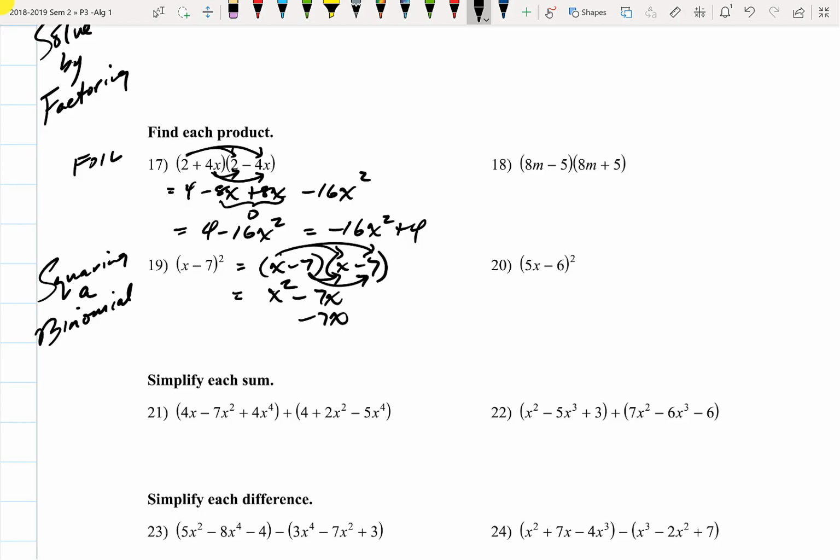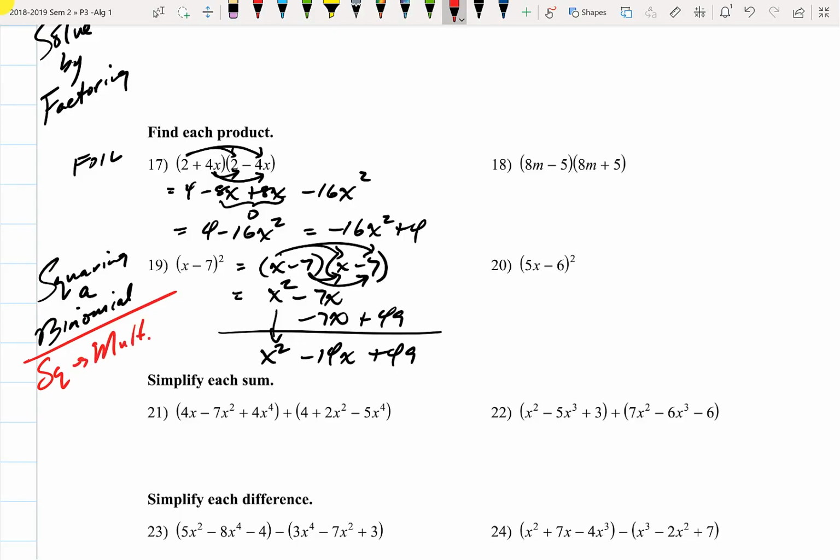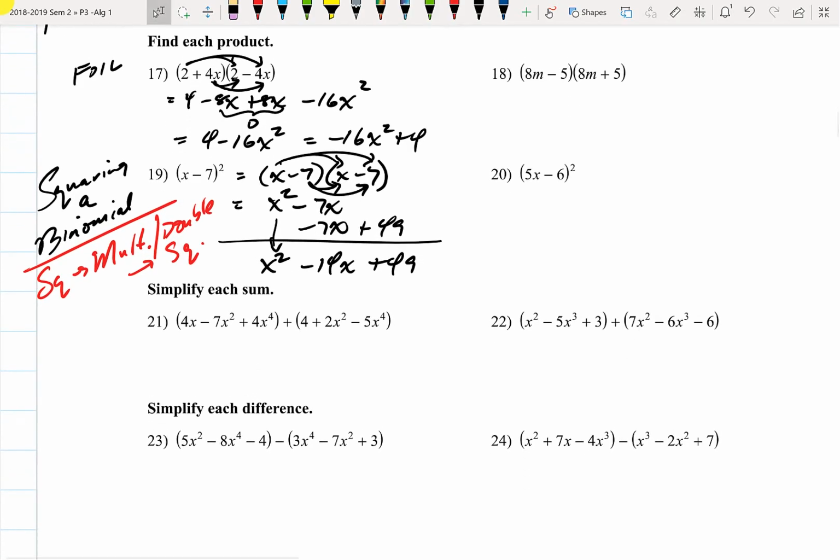You always have two of the middle terms, and that's why I told you guys to square, multiply, double, square, and you get x squared minus 14x plus 49. So you can use that too, because you always have two of the middle terms. You can do the same thing here on number 20. Okay, so we have those right there, so you guys can finish that.